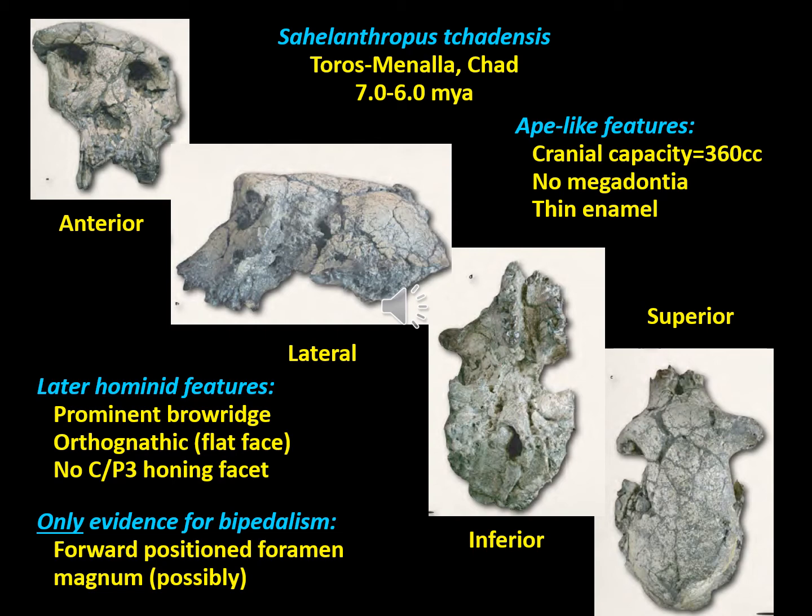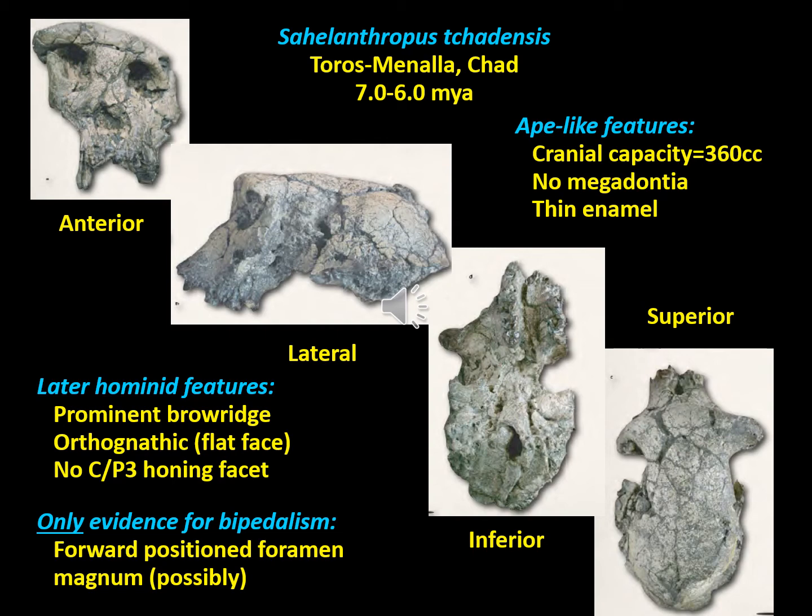Every primate that's living today has a honing facet. So that means every time a primate that's not you opens and closes their mouth, they sharpen their teeth. Well, that's lost in hominids. And of course, we have a few ideas as to why.